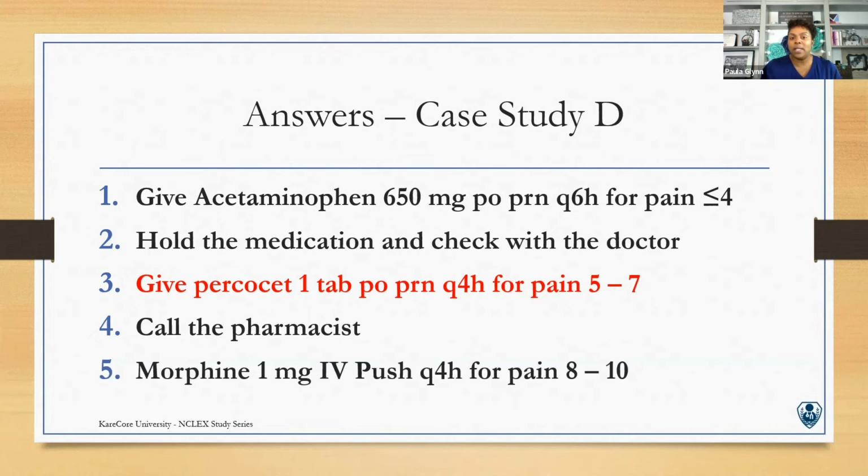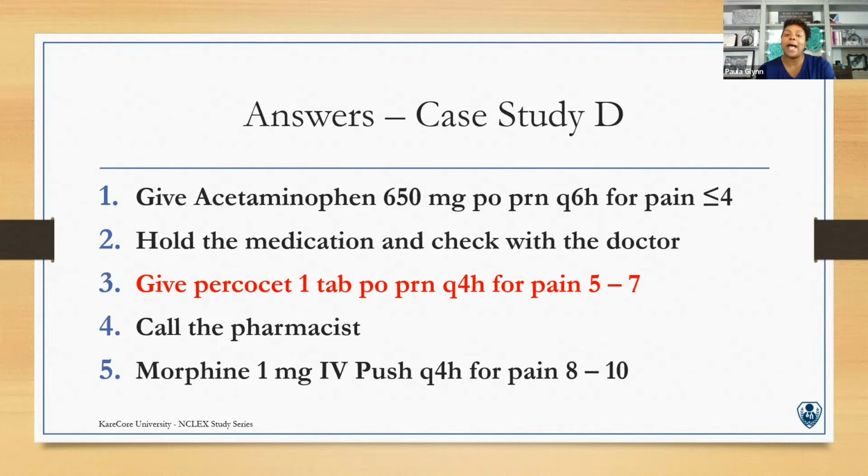Now, the other thing that I want to dive a little bit into, and this is not necessarily an NCLEX question, maybe on the next gen NCLEX, is that if you give 1 tablet PRN for pain, Q4 hours, they tell you that their pain is 4 to 5. You give them pain medication, and then understanding how long it takes for the pain medication to kick in, and what the peak levels of Percocet are going to be.